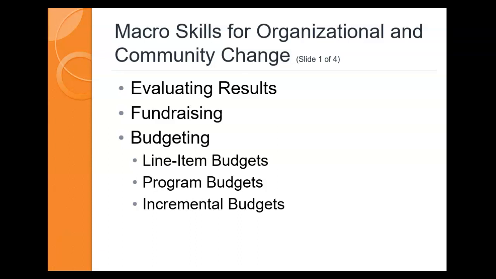I know that the National Association of Social Workers is considered one of the largest social work organizations, or is the largest social work organization that we have. They boast up to 10,000.